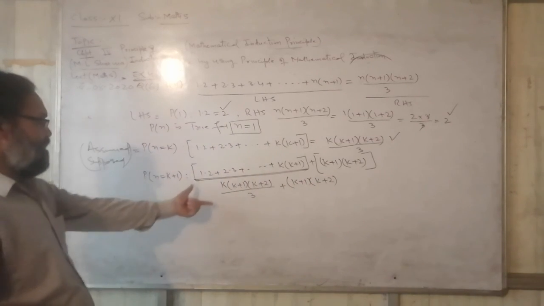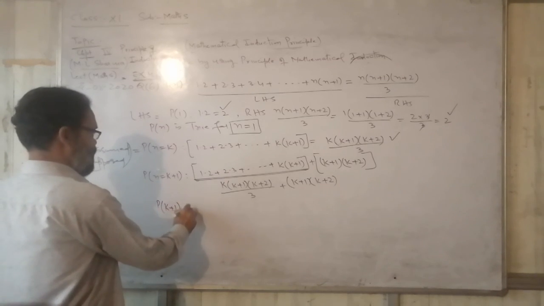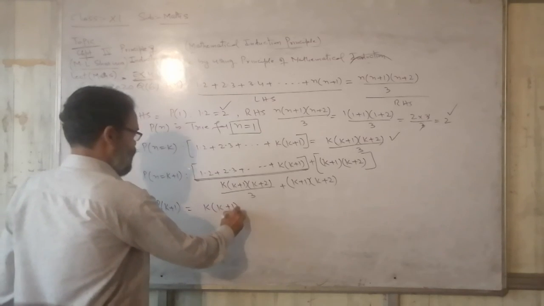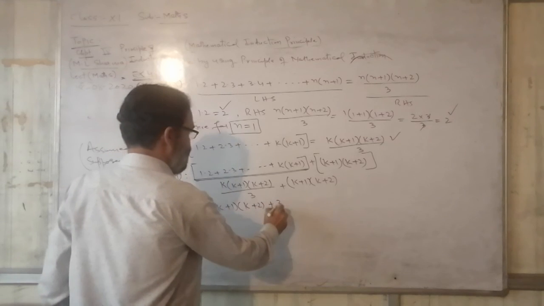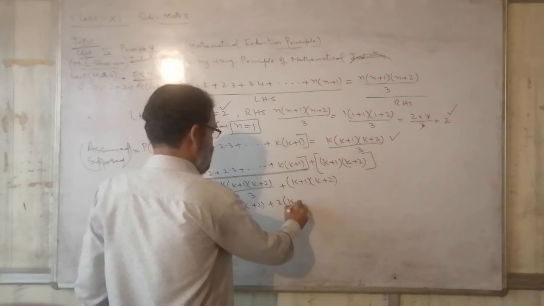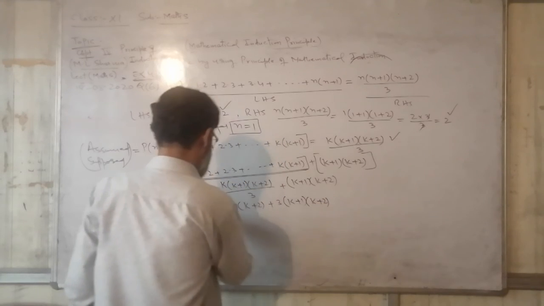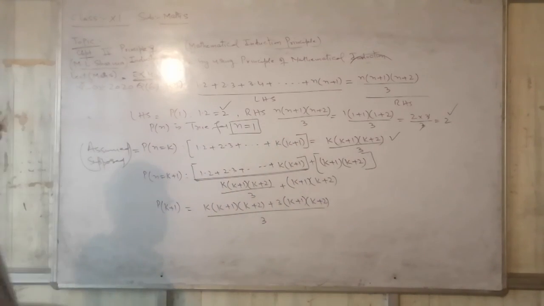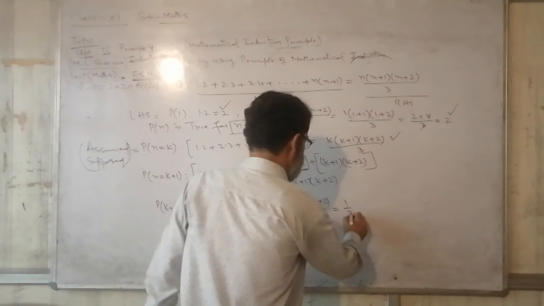I have to simplify this. This will equal to k into k plus 1 into k plus 2 plus 3 times k plus 1 into k plus 2, upon 3. I can take 3 as outside.